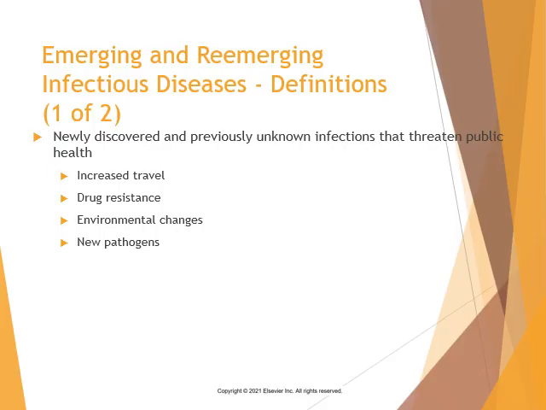And then new pathogens that we've not dealt with before, and hence COVID-19, and now we have the Delta variant. So just some examples of what's happening here with the emerging and re-emerging diseases.